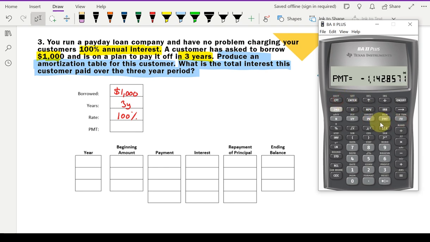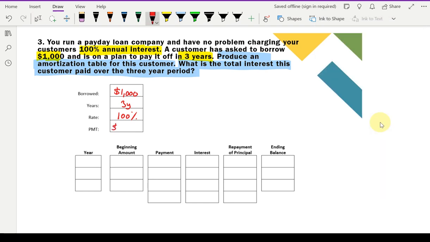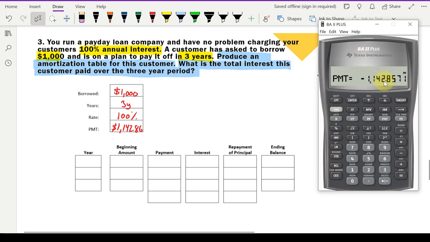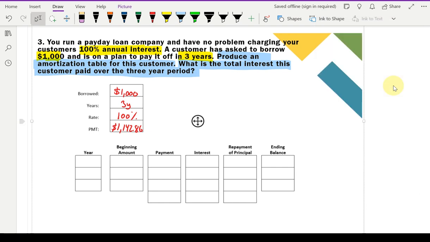So the payment is $1,142.86. So let's just make sure. That's it. So notice that just the payment alone, even though it's 3 years, at 100% requires that he makes almost $1,100 payments every year, which is kind of wild, right?